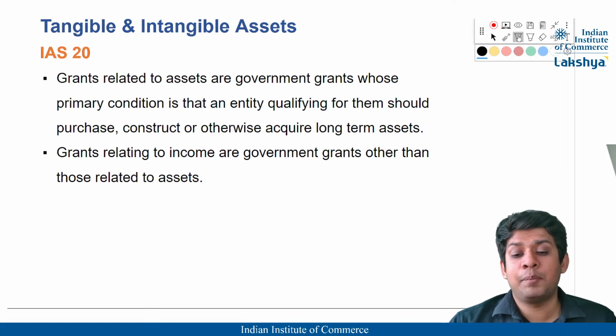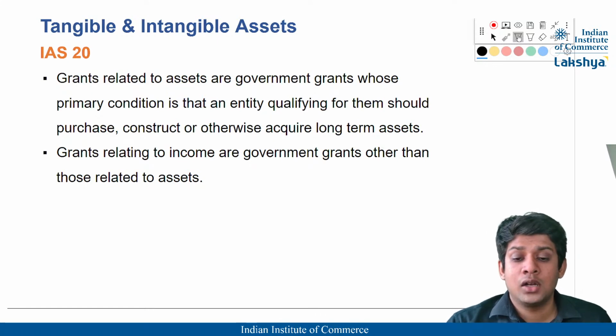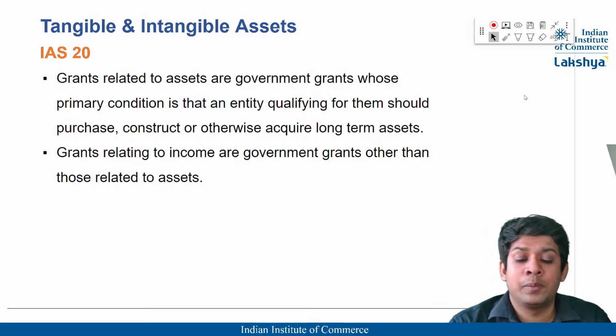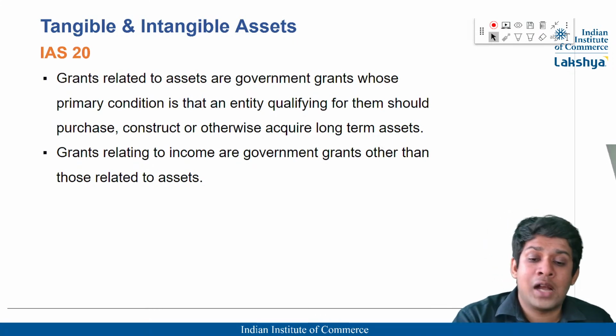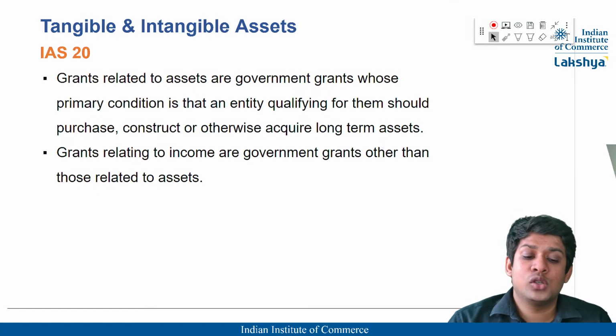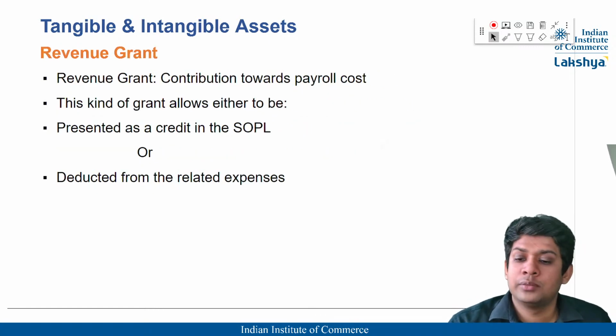But the salary that I'm paying to each of those 50 employees, that is an expense to me, correct? So those expenses, those are known as my revenue grants, correct? Those are just expenses that I'm incurring, not for the purchase of an asset. Then those will be known as revenue grant.